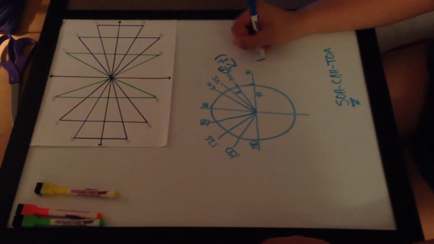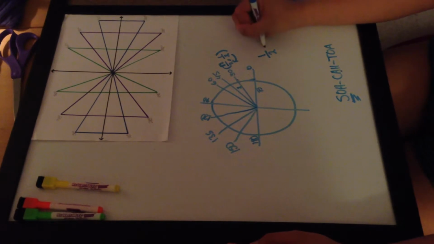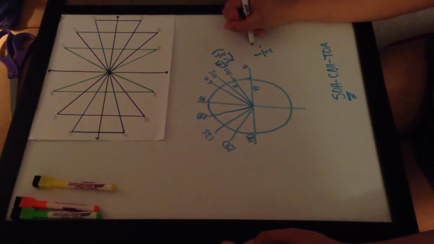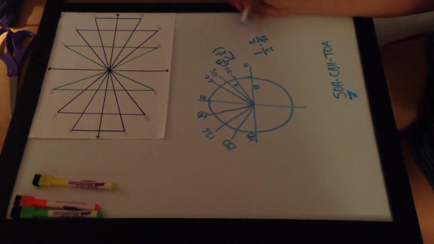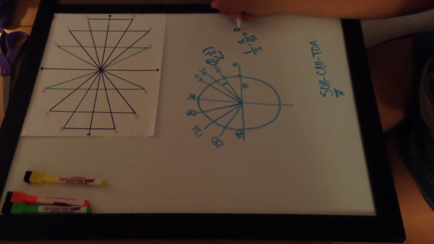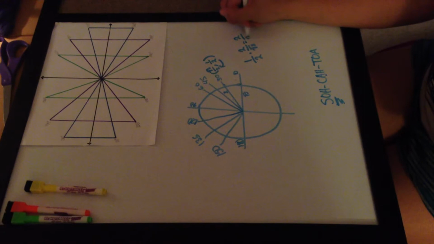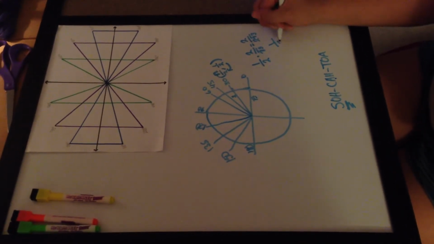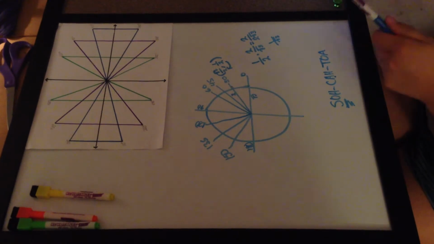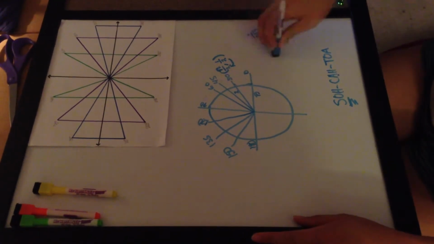So if we do the math here, multiply it by the reciprocal, and then it would become, which is also 1 over root 3, just so we understand where the tangent is.